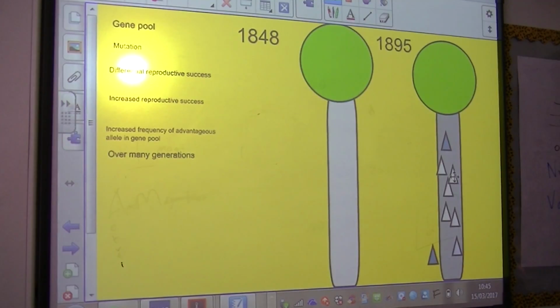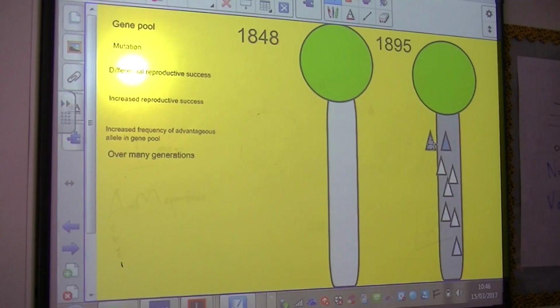Can you see that by the diagram? Now, what this means is there is an increased reproductive success for the organism that possesses the advantageous allele. My words have really wrapped up. Can you get that? My vocabulary's changed. Now, that means that it will survive and outcompete the disadvantageous allele, in this case the white or speckled colour, and by reproducing, it finds a mate of a similar mutation.